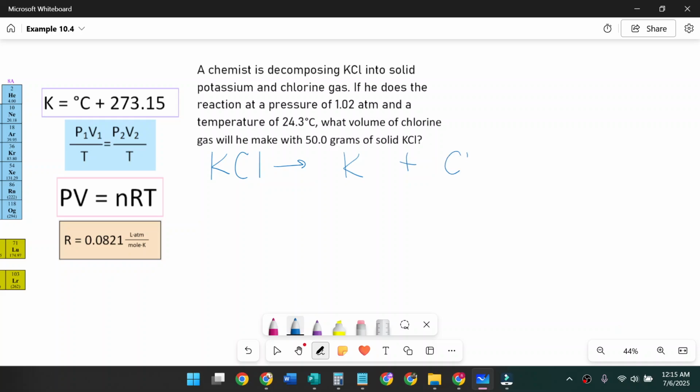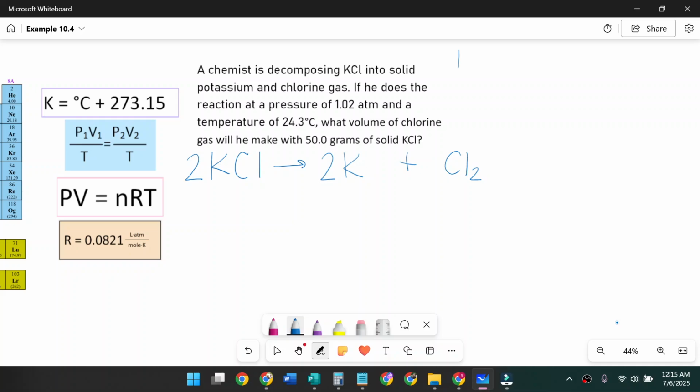Now, chlorine is one of our mononuclear diatomic atoms, so it has to have a 2, which means we need a 2 here to balance it, and then a 2 here to balance it. The first step of this problem is just to create a balanced equation so we can see what we're doing. After that, we can start looking at what else we have.